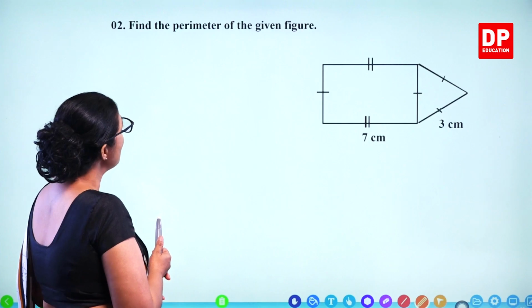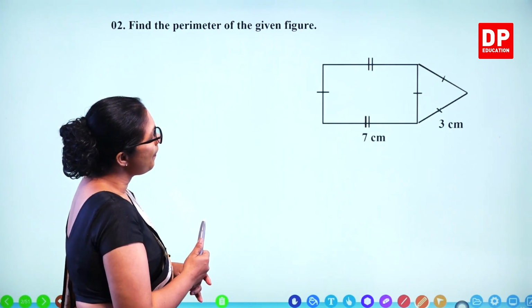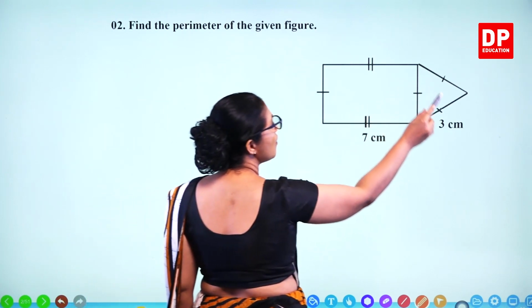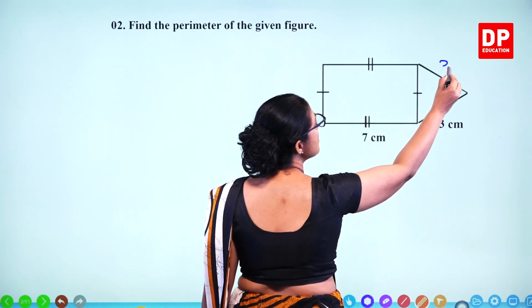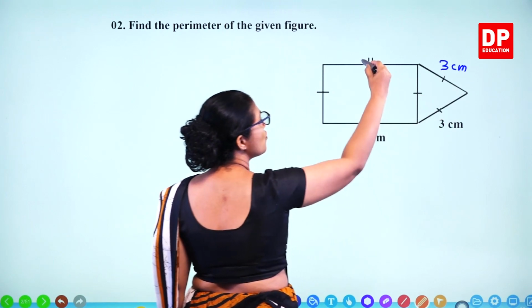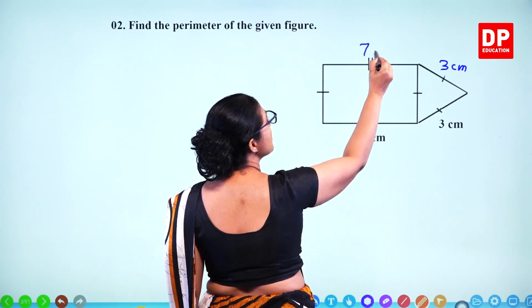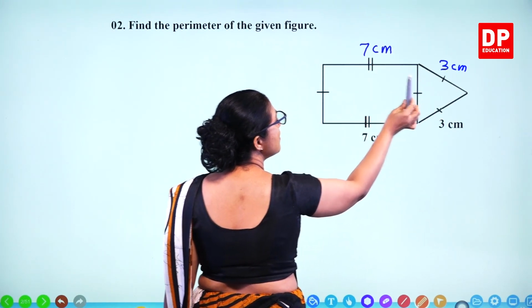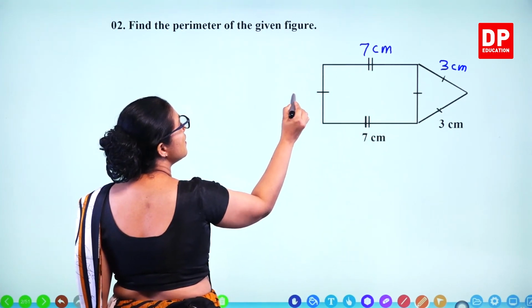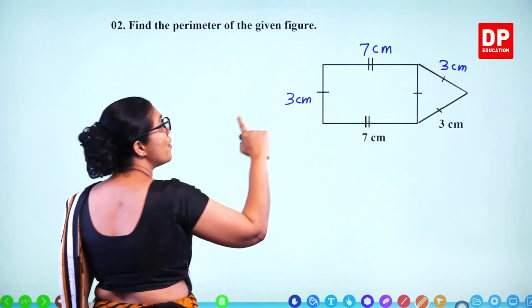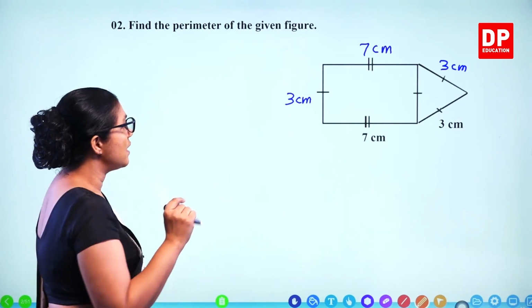Question number 2. Find the perimeter of the given figure. So these 3 sides are equal, so this is 3 centimeters. These 2 sides are equal, so this is 7 centimeters. And here these 2 lengths are equal, that means 3 centimeters. Perimeter means only the outer length.